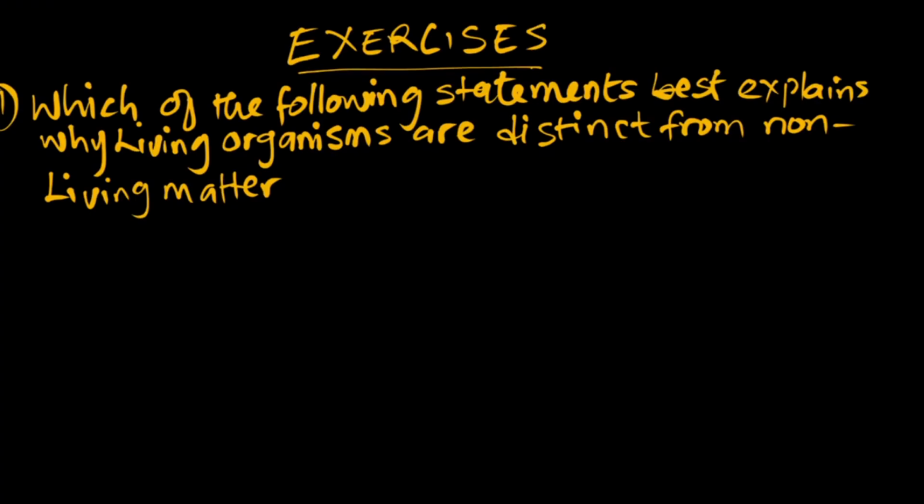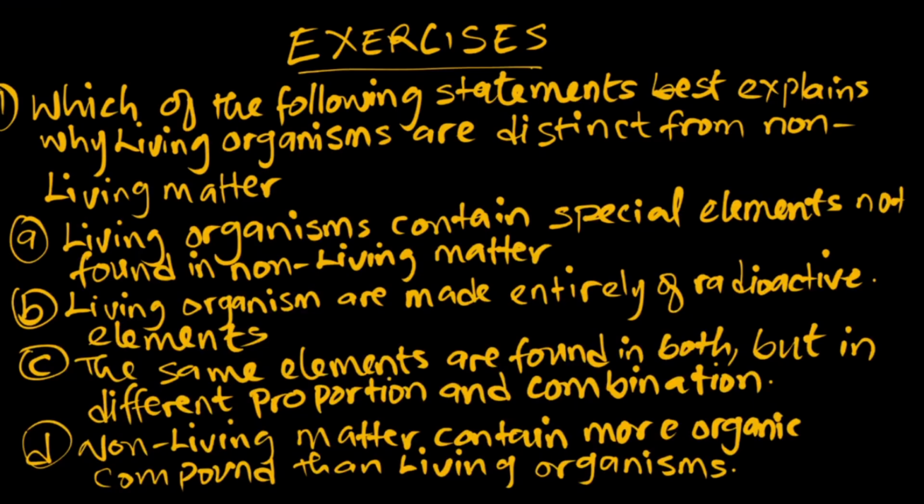The first question is, which of the following statements best explain why living organisms are distinct from non-living matter? The first option is, living organisms contain special elements not found in non-living matter.